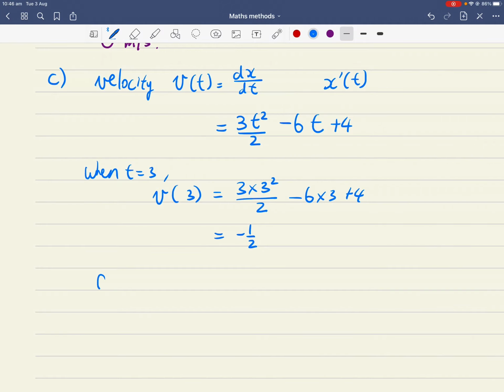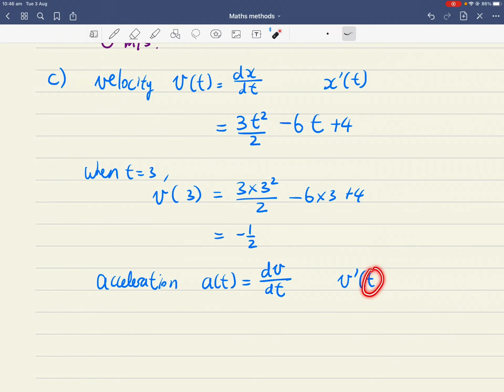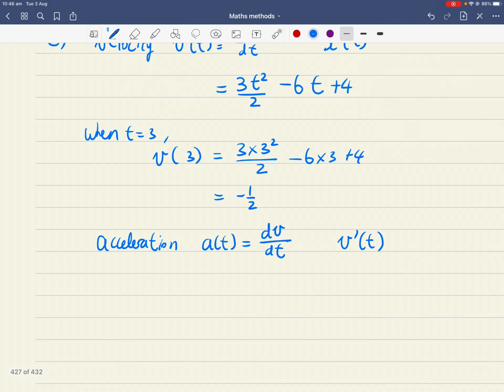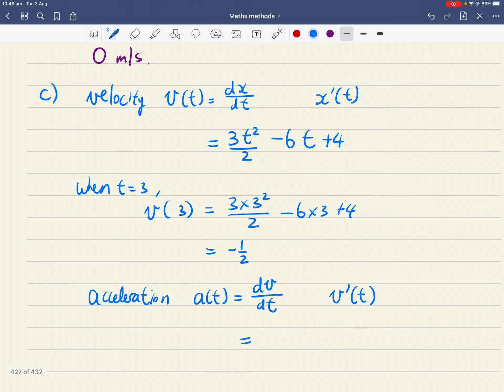We want to work out acceleration. So acceleration, or a of t, is the rate of change of velocity with respect to time. If you prefer the dash notation, you would write it as v dash of t. And again, we do it with respect to t because our function's in terms of time. So we differentiate our velocity function, which was 3t squared over 2 minus 6t plus 4.